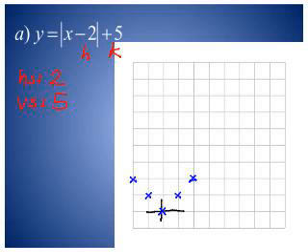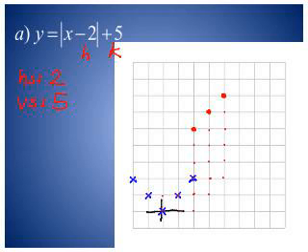So I'm going to start with the vertex, and I'm going to shift it horizontally 2, 1, 2, vertically 5, 1, 2, 3, 4, 5, and there's my new vertex. Now I'm going to take my second point, shift it horizontally 2 and vertically 5. Take my third point, shift it horizontally 2 and vertically 5. Now I have to take again the last 2 points on the left-hand side of the graph.